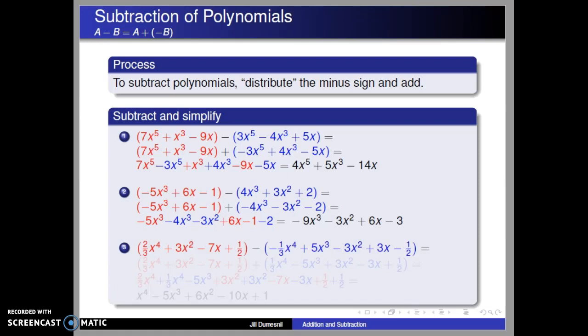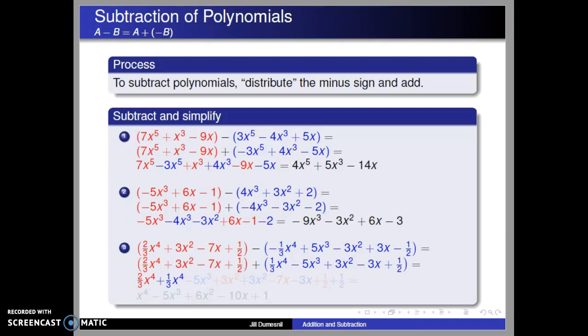Let's look at an example with fractional coefficients. Again, we're going to use the definition of subtraction to distribute the minus sign and then add the coefficients. We're going to rearrange the terms in order of non-increasing degree.